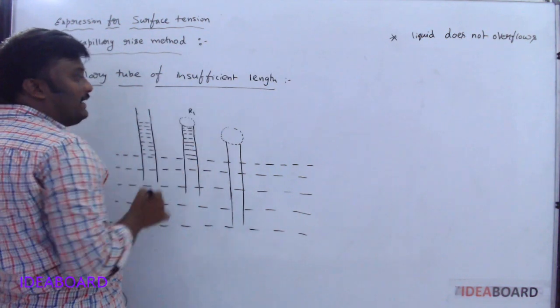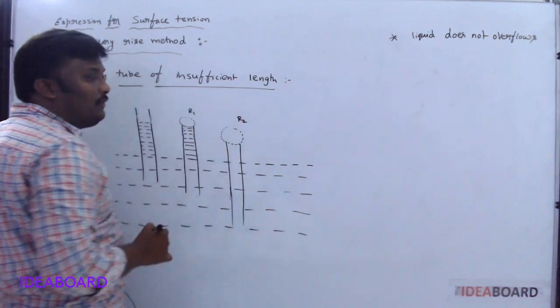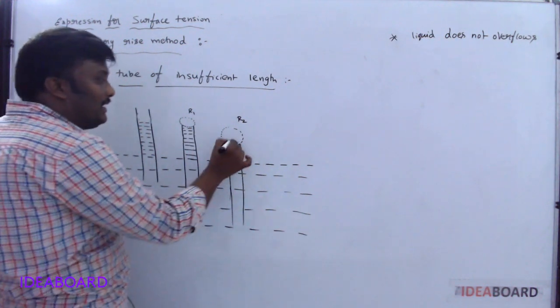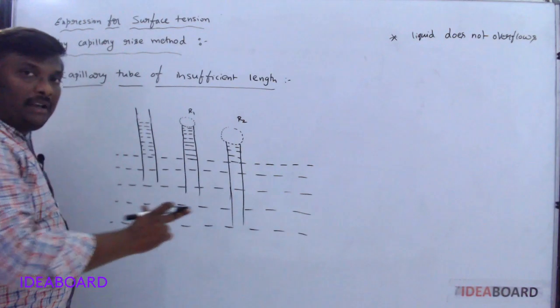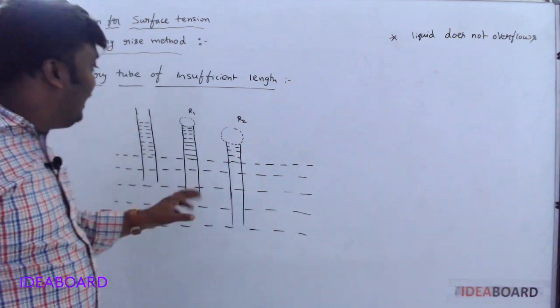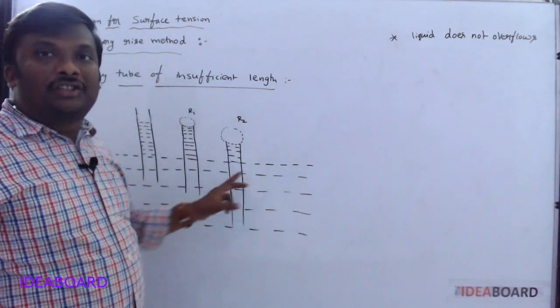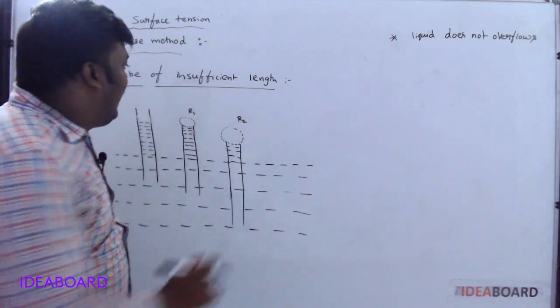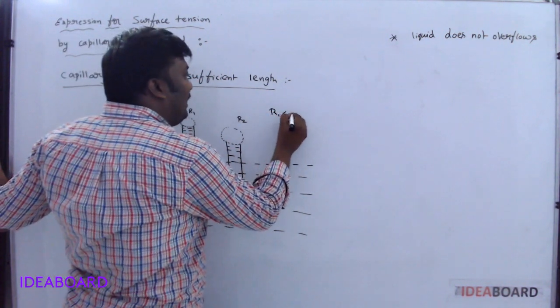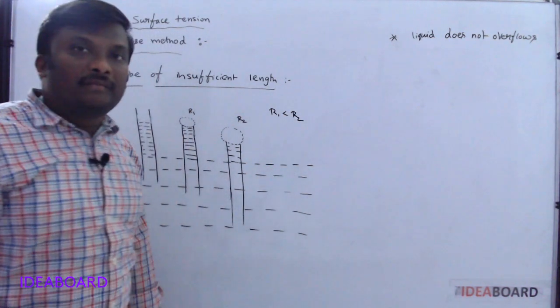Here the radius of curvature will be taken as R1, here R2, because small r does not change, as I am not changing the capillary tube. Small r does not change, but the radius of curvature here changes. Here a little droplet, here more droplet. Hence R1 is less than R2.